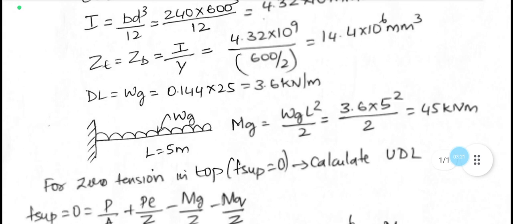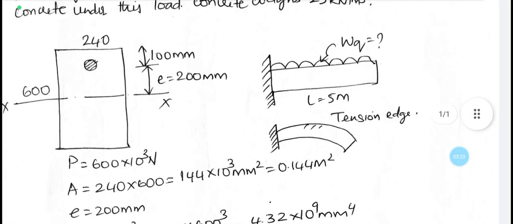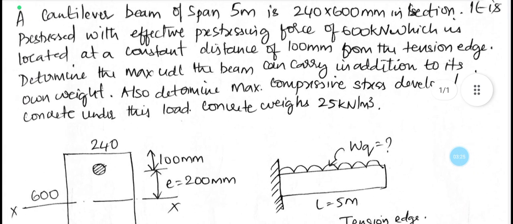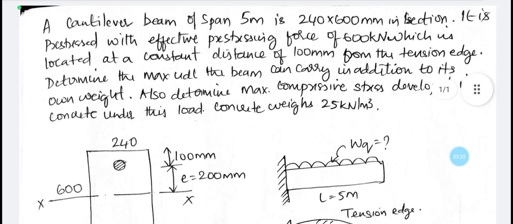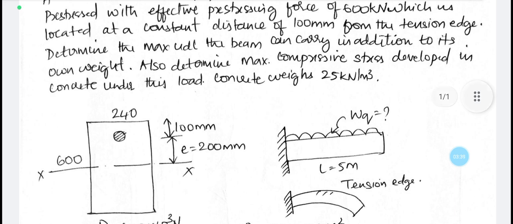And one more important condition specified here is that you have to determine the maximum compressive stress developed in the concrete under this load. Which means the compressive stress is expected at the bottom here.